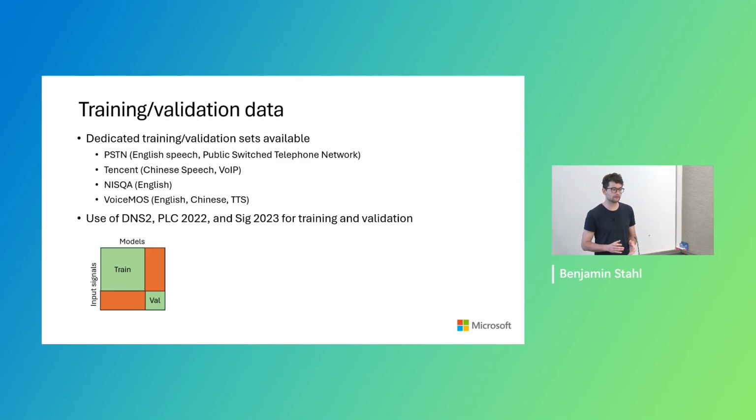I also did a train and validation split to make sure validation data doesn't contain any of the same input signals and also not any of the same submission models.